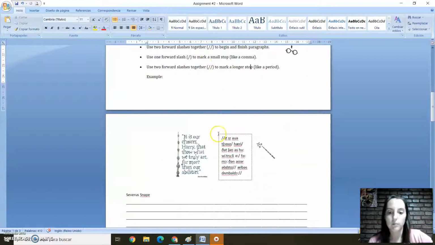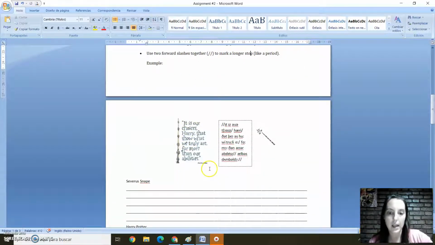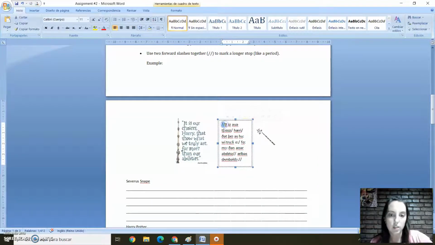For example, we have this phrase here by Albus Dumbledore. It says, "It is our choices, Harry, that show what we truly are, far more than our abilities." Albus Dumbledore. So, 2 forward slashes here, because it's the beginning of the paragraph.